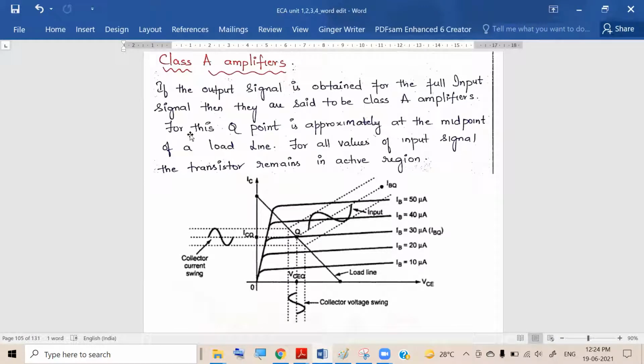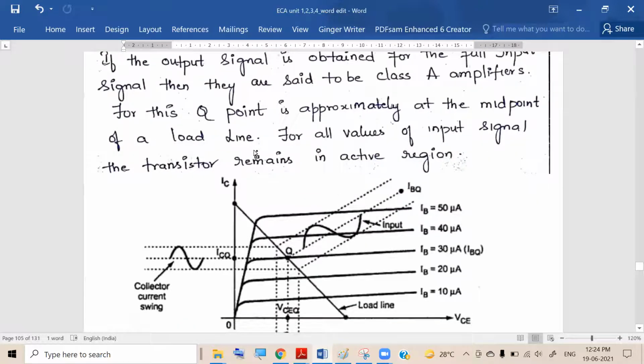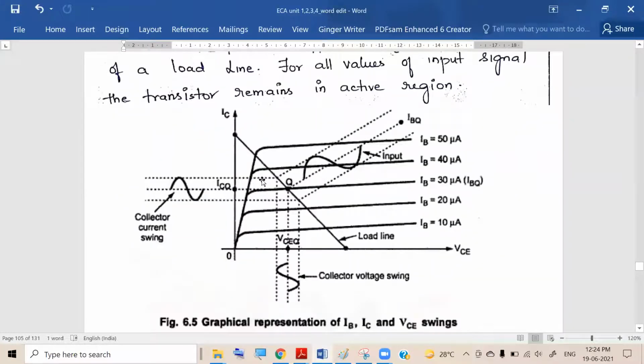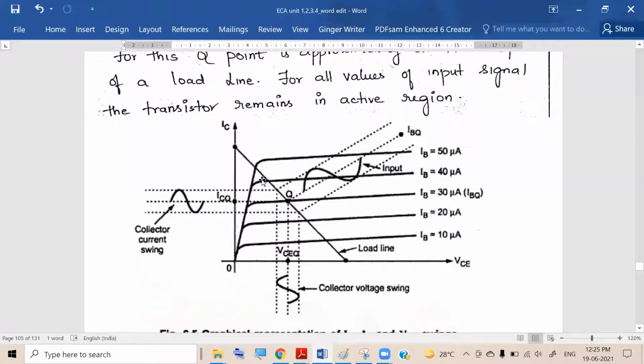For a class A amplifier, in order to amplify both positive and negative half cycles, the signal swing should be such that there is enough space for both. The signal swing should accommodate both negative and positive half cycles.